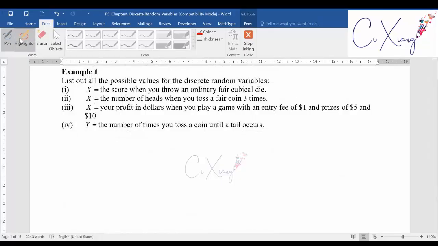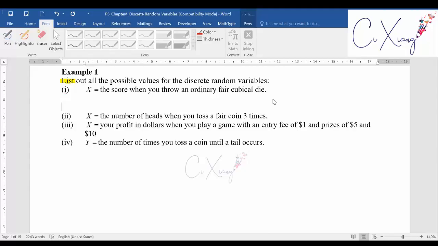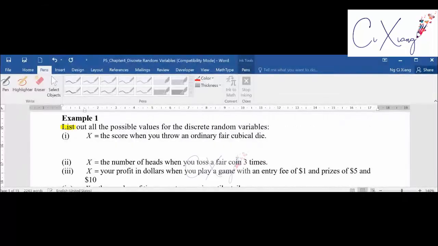For the very first step before you form a table, you need to list out all the possible values of the discrete random variable according to the definition given in the question. So we start from a very simple example. Let's have a look at example 1.